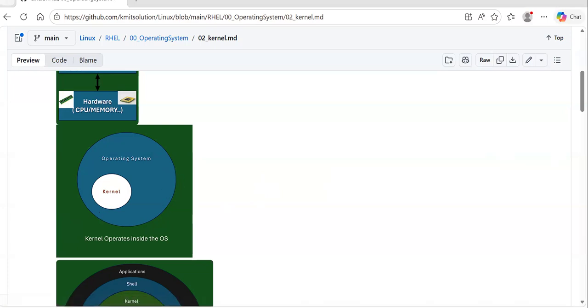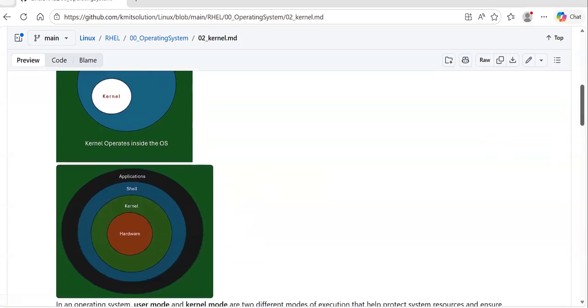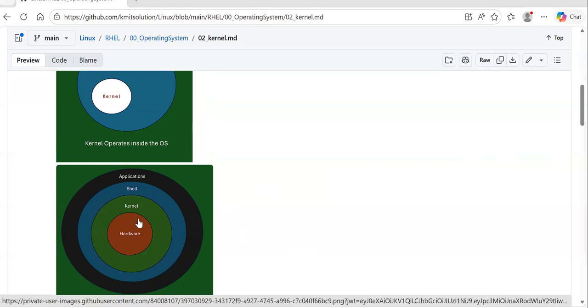If we talk especially about Linux, the Linux kernel has hardware at the physical server or system level. On top of that, we have kernel, which is interacting with this hardware, and we have a shell. Shell is the user mode by which user can interact with the kernel.